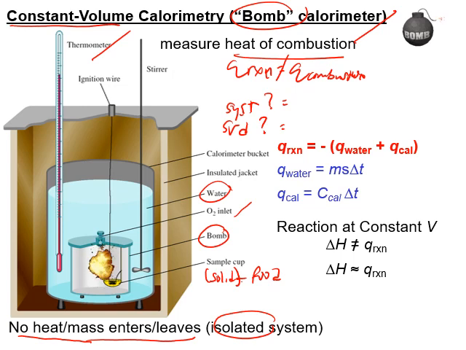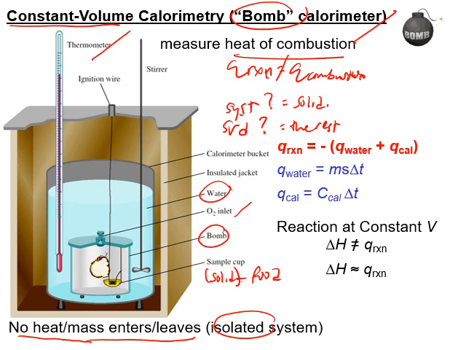The system basically will be the solid that you burn. And the surrounding is everything else: the sample cup, the bomb, the water, the bucket, and also the thermometer. So this is all the rest besides the solid that you burn.